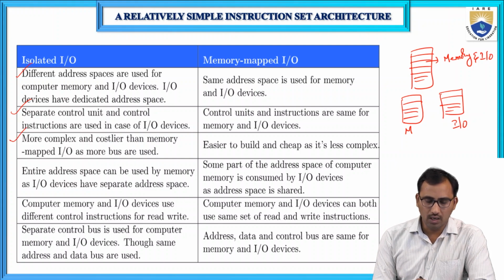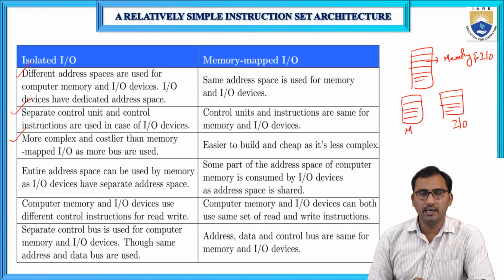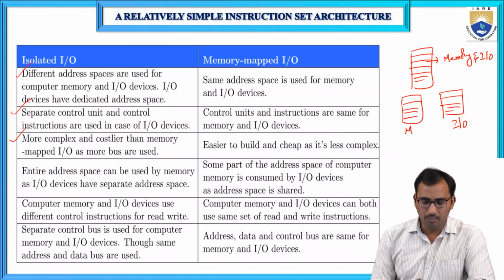The third one: isolated I/O is more complex and costlier than memory mapped I/O as more buses are required. In isolated I/O we are using different buses for both the memory as well as the I/O device. So in isolated I/O, we require a larger number of buses. That's why the complexity of the system increases.